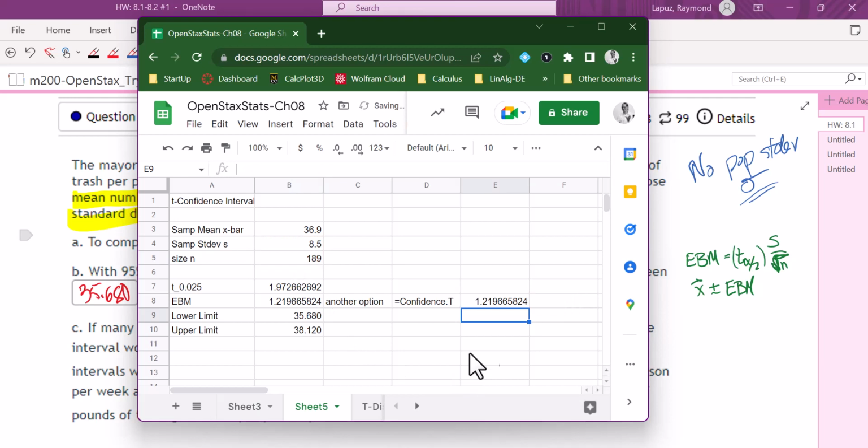So if I press enter here, you'll see that we get the exact same value as was computed before. And so in this particular scenario, I saved the extra step of finding the t critical value. No big deal. You can use this. It's a slight shortcut, and you still have to add and subtract from the mean, but I think that's just another option if you want.